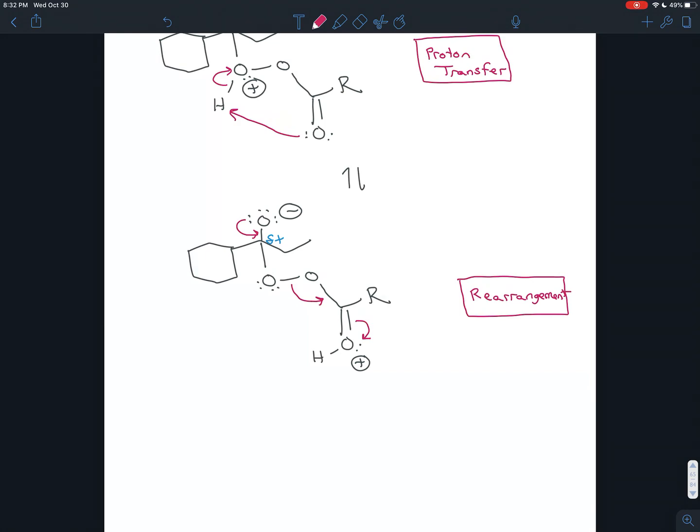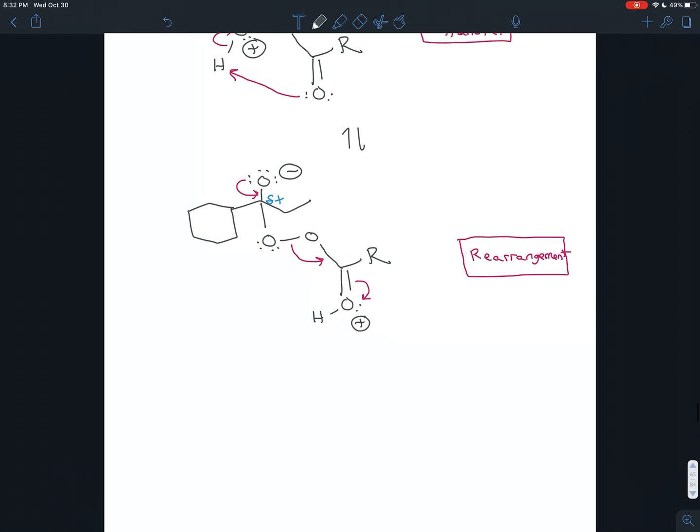And now is the strange part. Now is the rearrangement. One of these bonds to the carbons, those pick themselves up and those move over. And the one that moves over is either, if there's a hydrogen there, the hydrogen will move, because it's so small, it's very easy for it to move. But if it doesn't move, then it will be the carbon that would make the most stable carbocation.